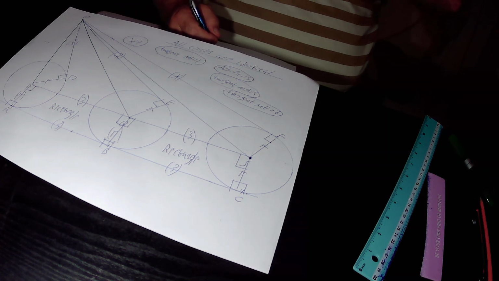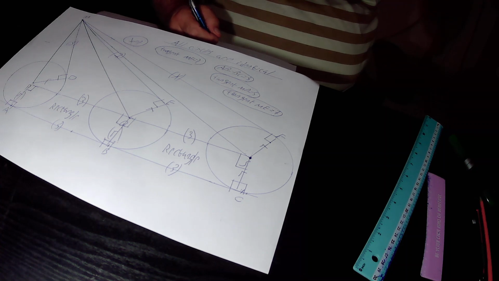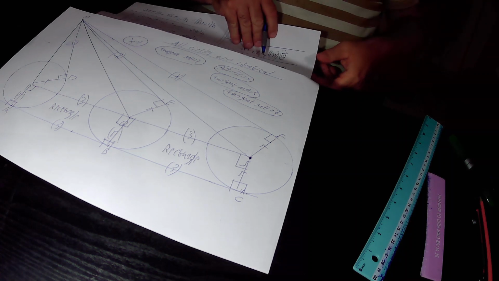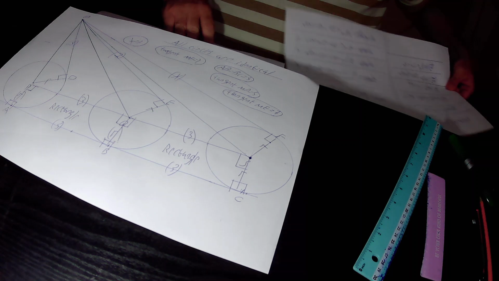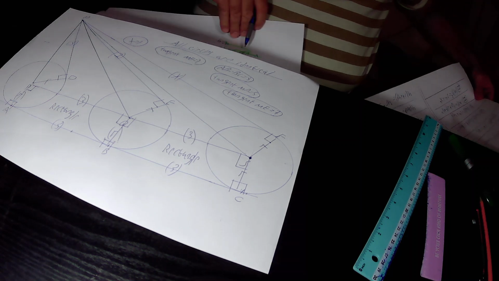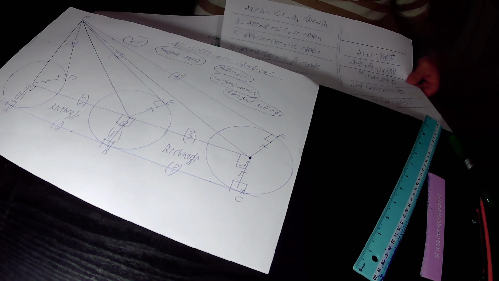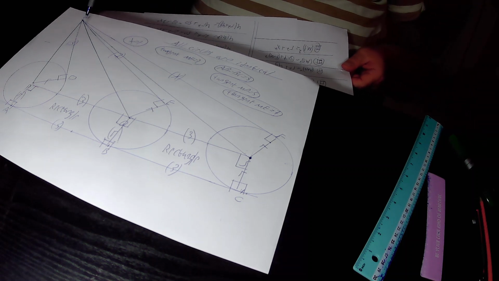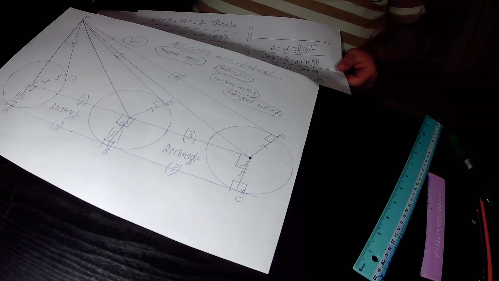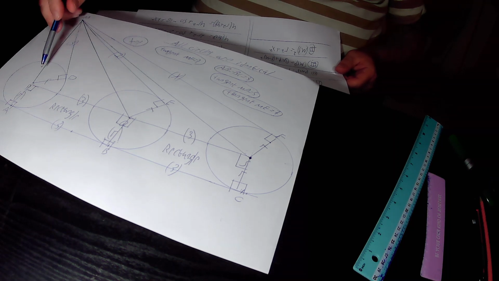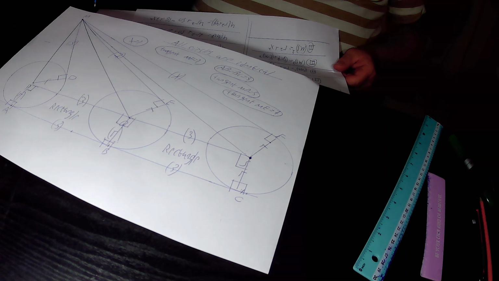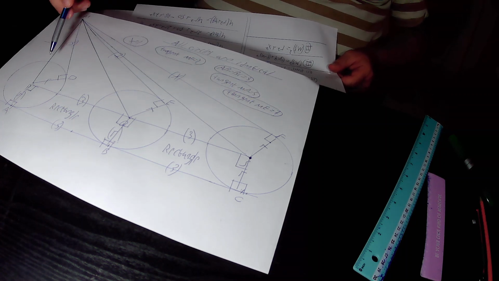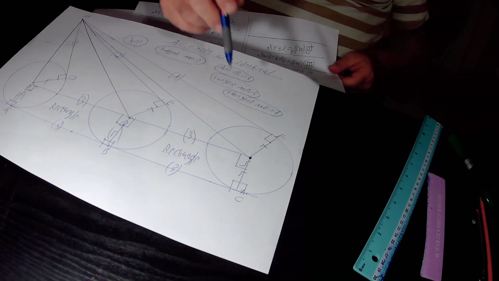According to the new formula, the length of the median MQ must be equal to the square root of 2 times MP square plus 2 times MS square minus PS square, divided by 2.